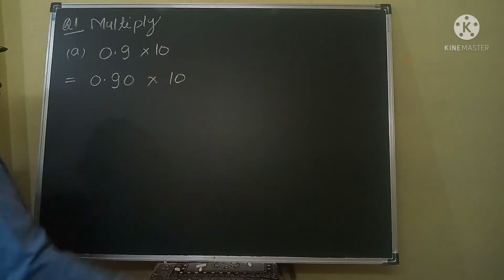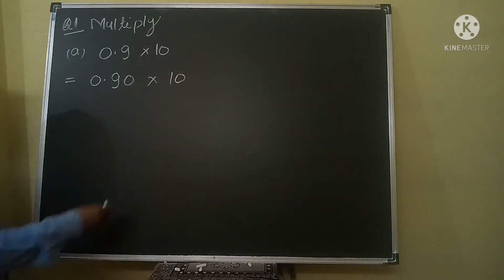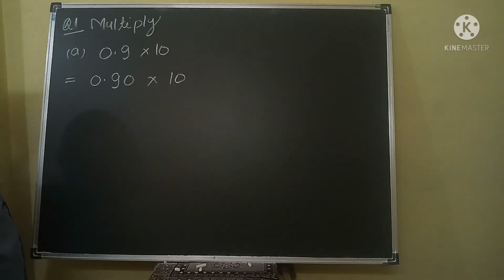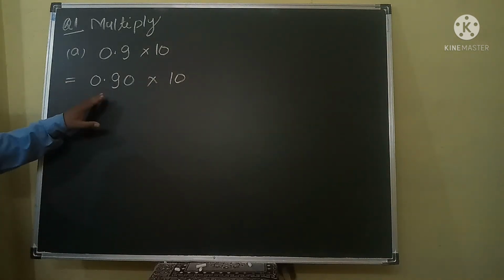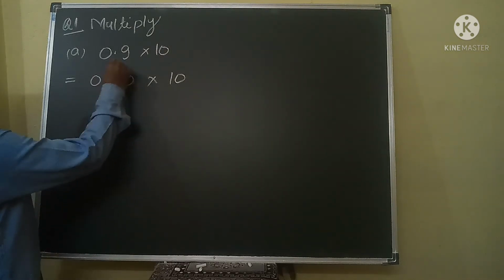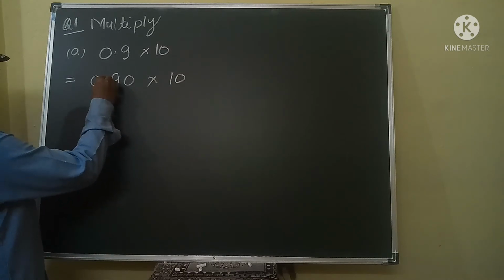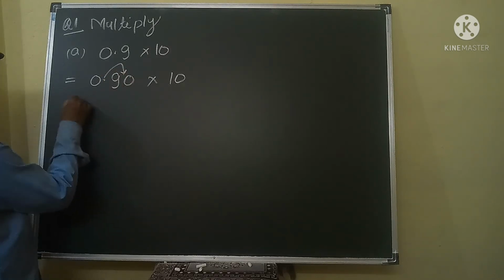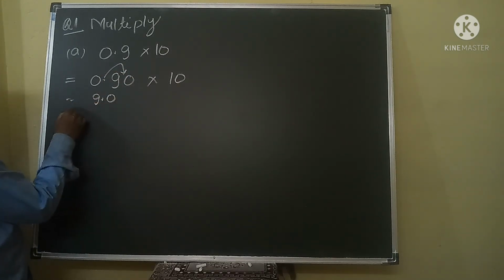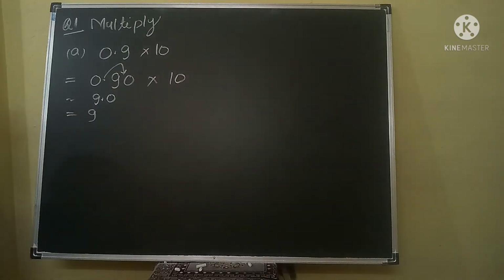In 10, the number of 0s is 1. So move the decimal point one place to the right. The new position of the decimal point is after 9. That means 9.0, and 9.0 is equal to 9. This is the required answer for the required question.